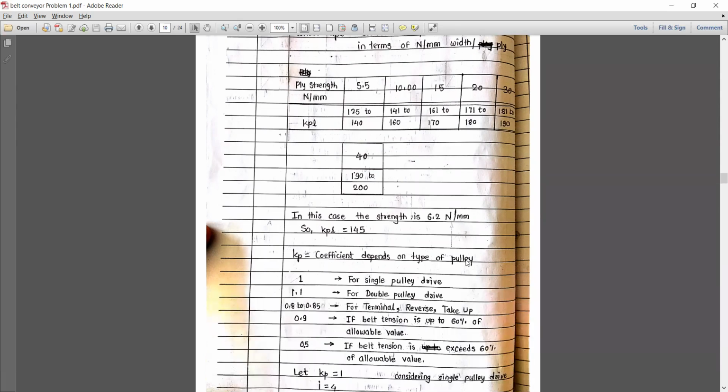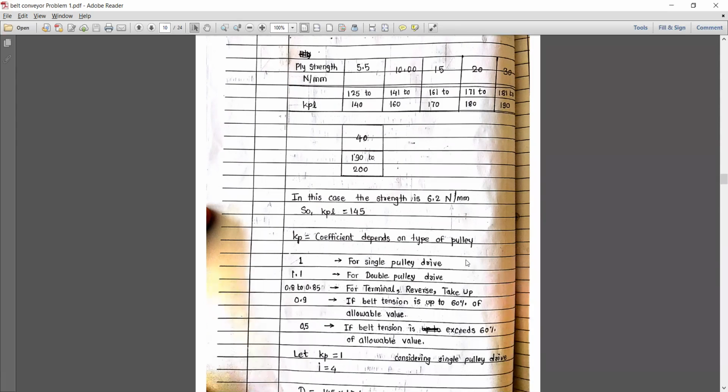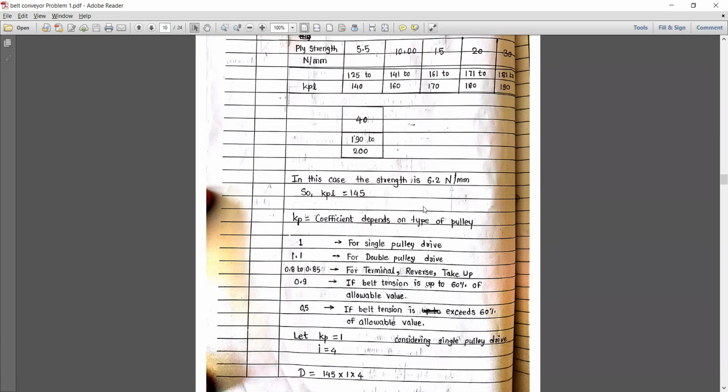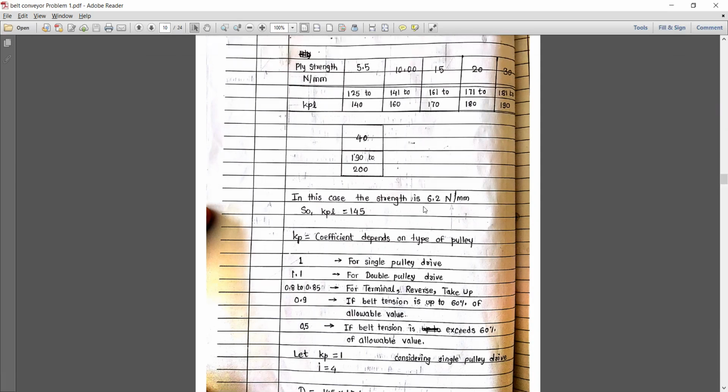So here the number of plies we are considering, and the standard values we can mention over here, based on the ply strength in Newton per mm, which is shown over here, and the value of KPL is also given. In our case, the strength is 6.2, so the value of KPL is equal to 1.45.